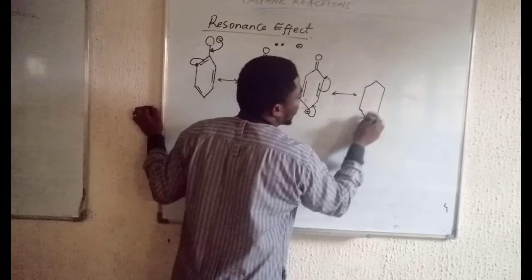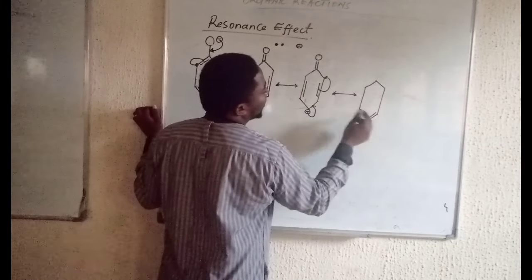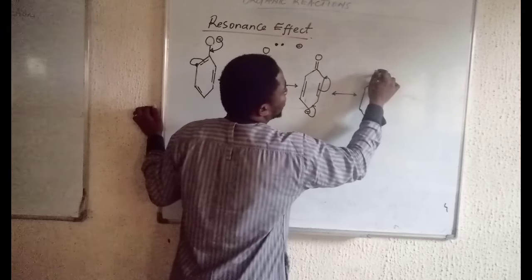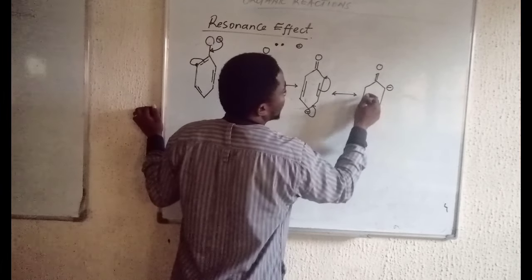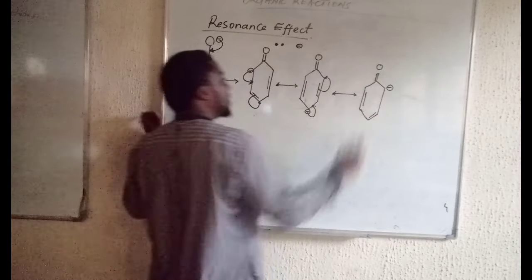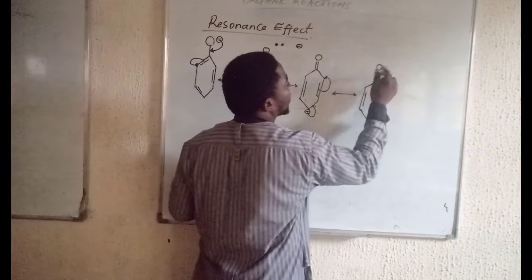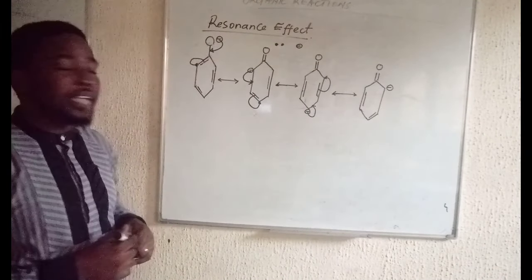So now I'm going to have a double bond here, then here I'm going to have a negative charge. Remember that this bond is still intact, and this one is still intact because I didn't use them. So this will be the fourth resonance structure of the phenoxide ion.